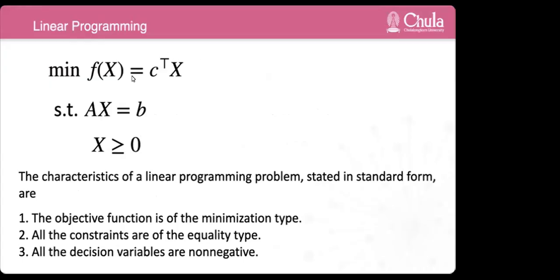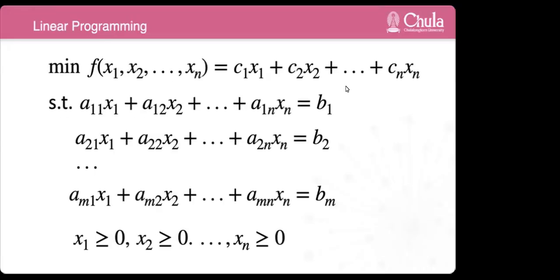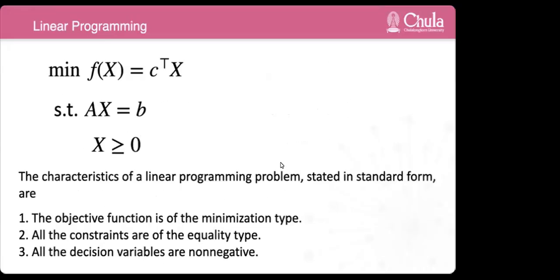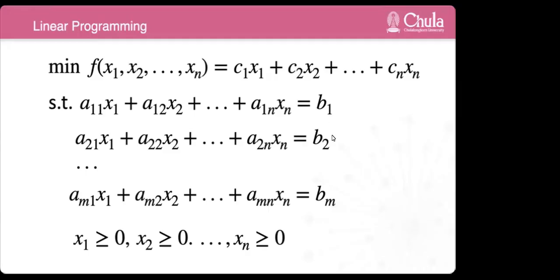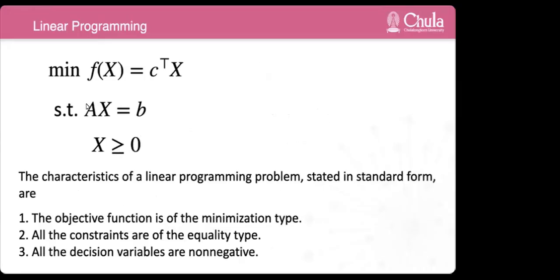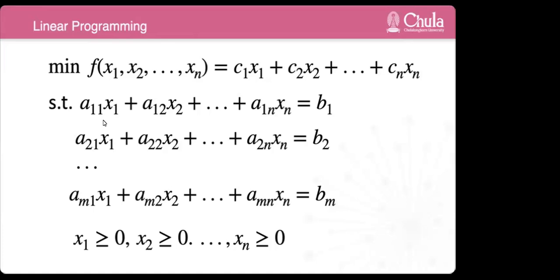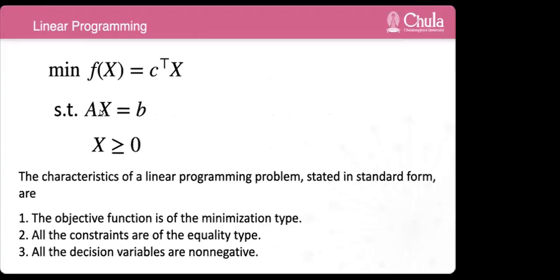That is the objective function. And B is a vector, m by 1. A is m by n, and X is n by 1, so the product is m by 1. Both sides are equal; the dimensions agree.